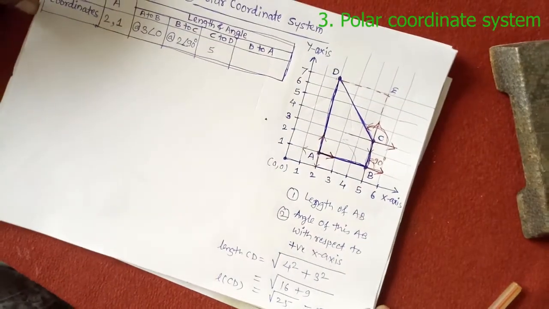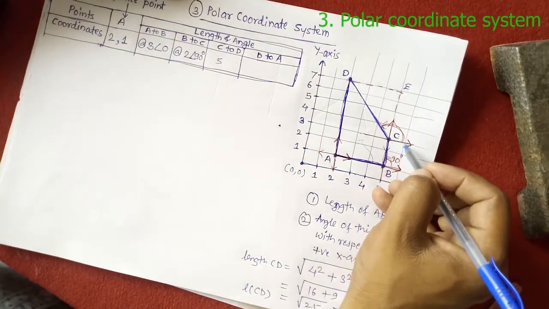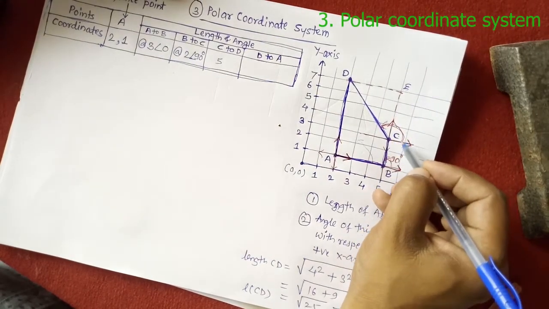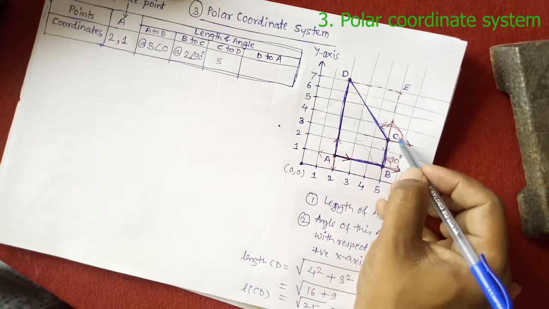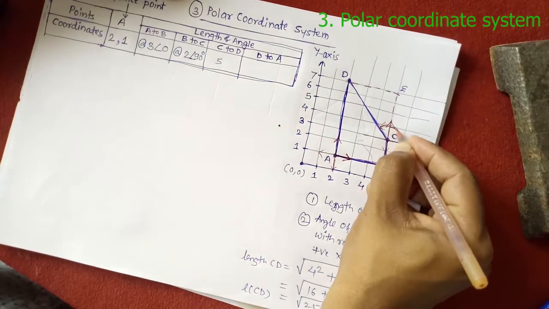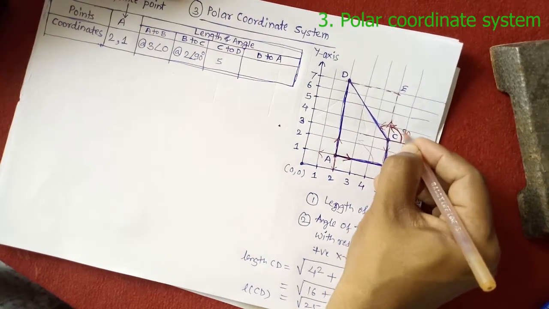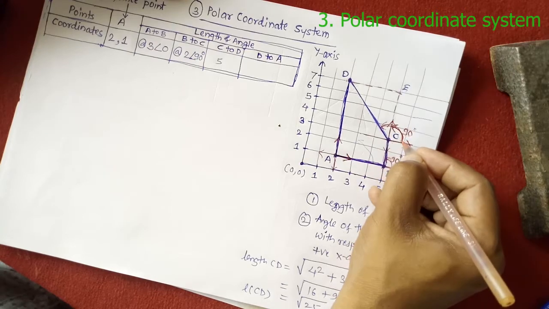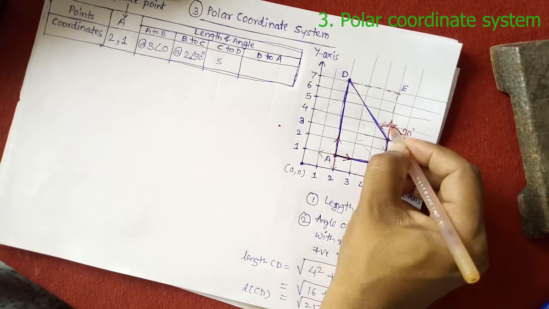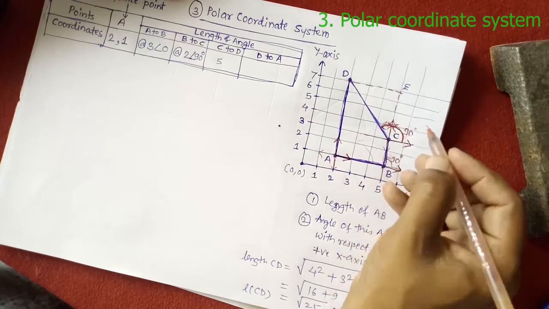So write down 5, and then we have to calculate this angle with respect to the positive side of the x-axis, considering C as the origin. This much angle we know is 90 degrees, and we must calculate this angle theta.